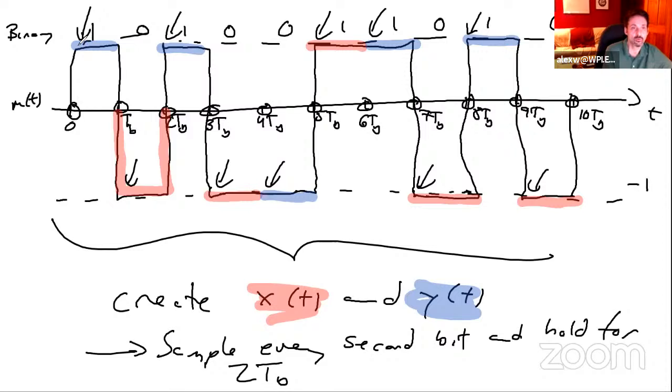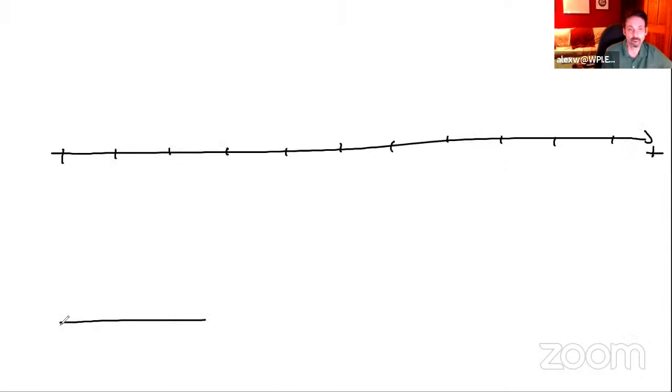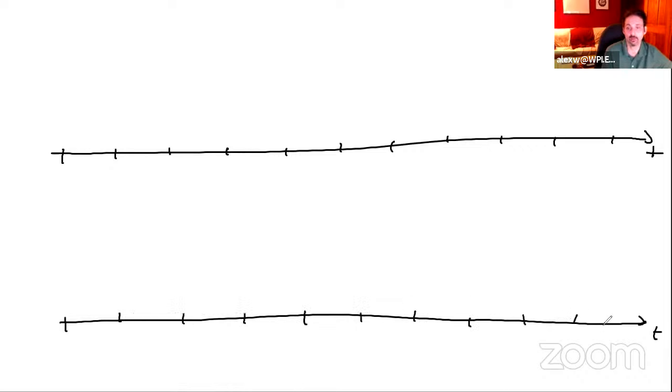Let's do it for both. Same thing: 0 T_B, 2 T_B, all the way up to 10 T_B.